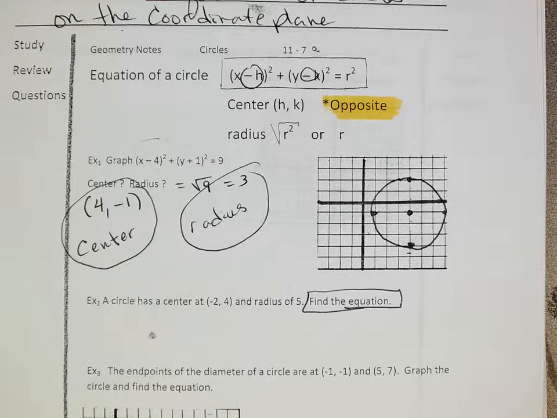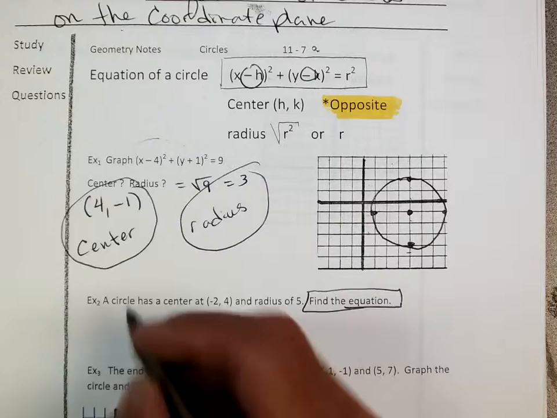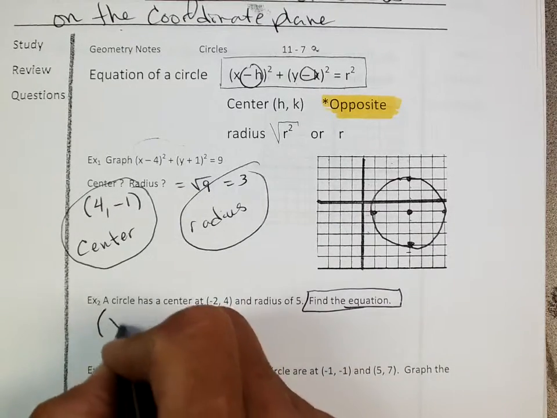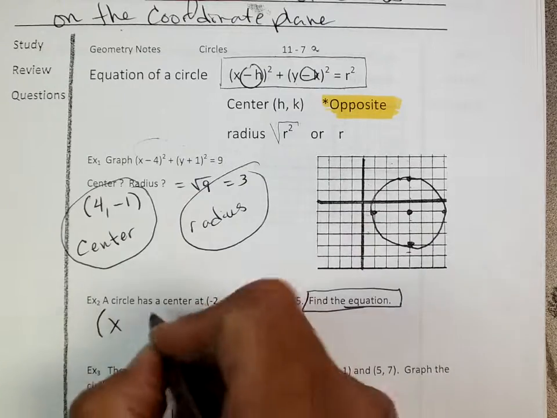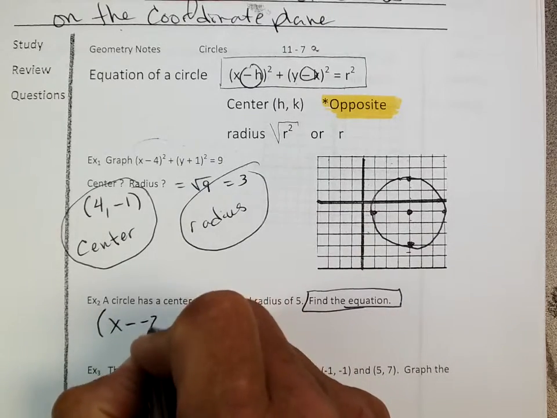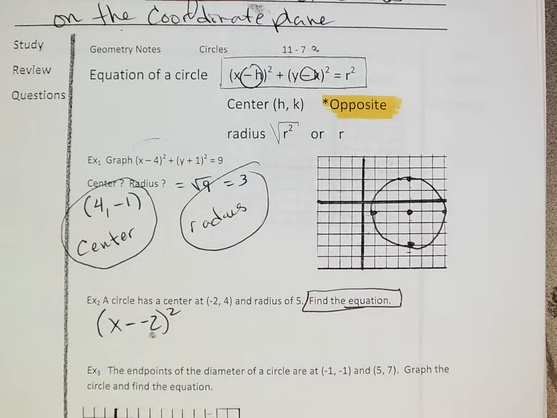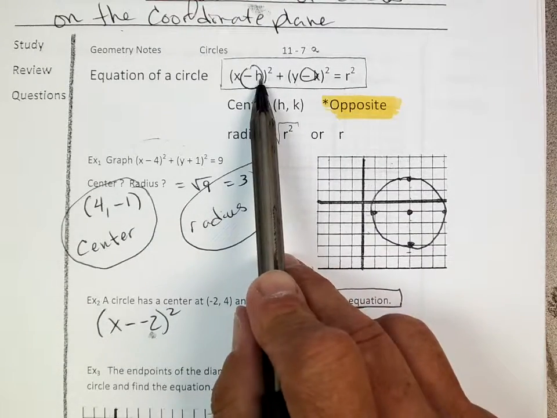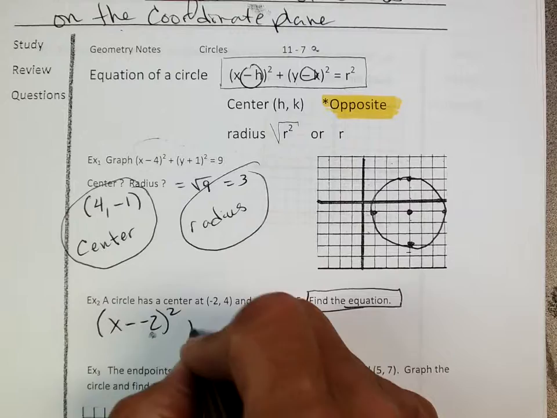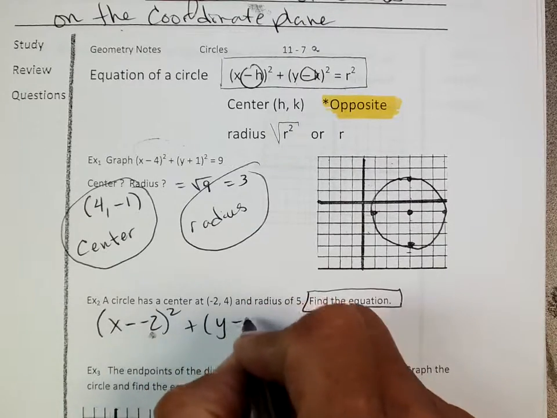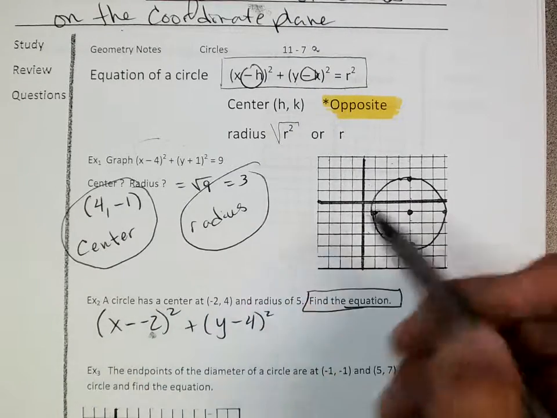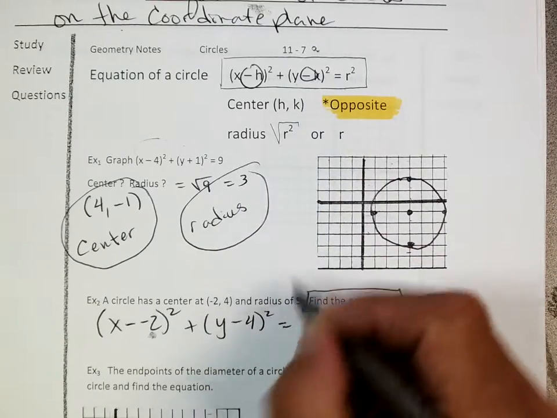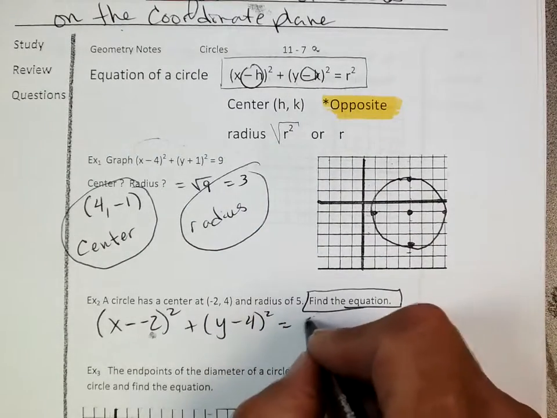So let's see here. I'm going to go parentheses, x minus a -2, squared, which would really be a +2, right? So I'm plugging the -2 right in there for my h. Plus (y minus 4) squared. I'll put my 4 right there for k, equals my radius squared, which is 5 squared.